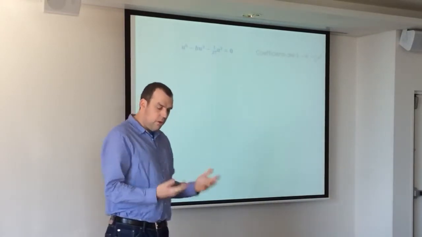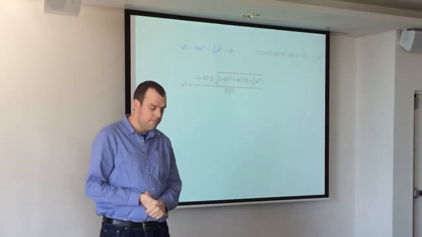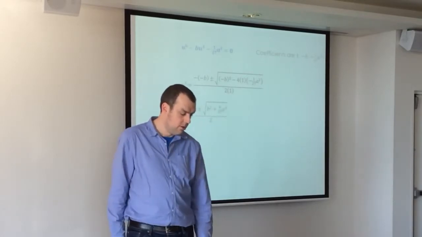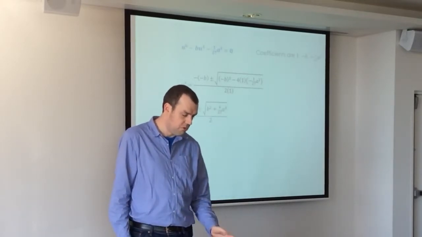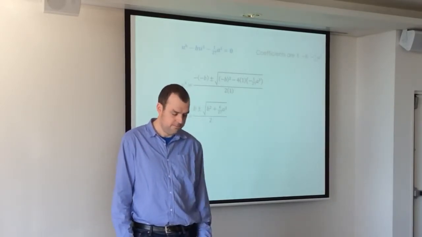Okay, so our coefficients are 1, negative b and that. So we sub them into our quadratic formula. Simplify. I'll just go through it slowly, so you can quickly check that things are working.